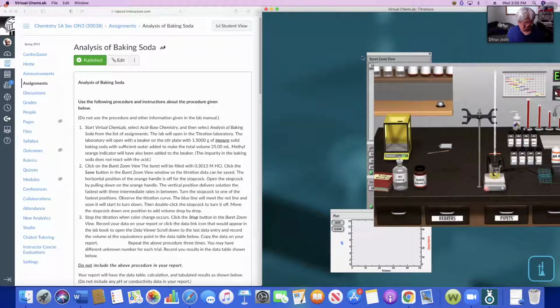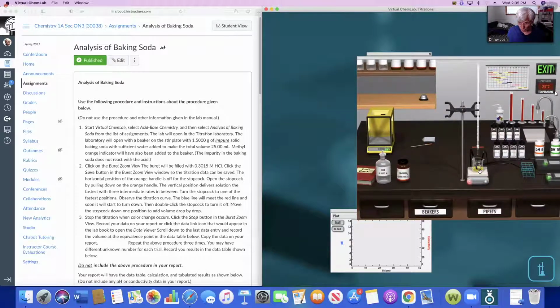It also has an indicator that will tell us when the reaction is complete. Sufficient water is added, making the volume 25 milliliters. Methyl orange indicator will also be added to the beaker. That's already done. The impurity in the baking soda does not react with the acid, so we don't have to worry about the impurity.